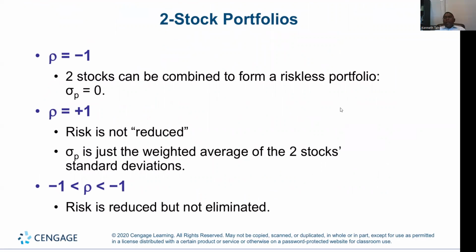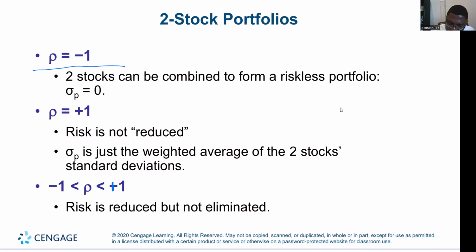Correlation coefficient runs from -1 to +1. If the correlation coefficient is equivalent to -1, it implies that the two stocks can be combined to form a riskless portfolio.